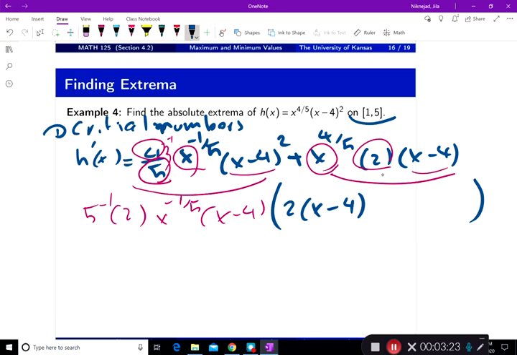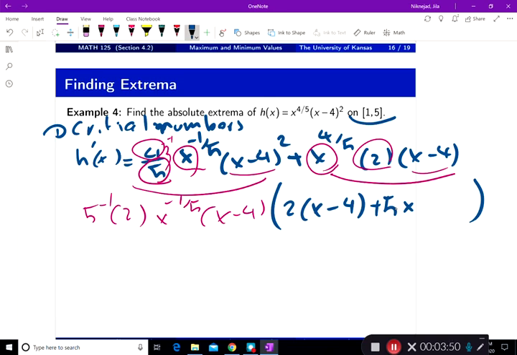That means I have to divide by 5 to the power -1, which gives me a 5. And x to the power 4/5 was divided by x to the power -1/5, so x to the power -1/5 comes to the top and multiplies there, and I get x.